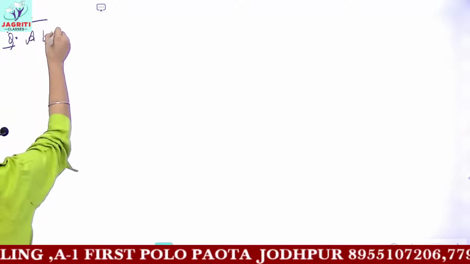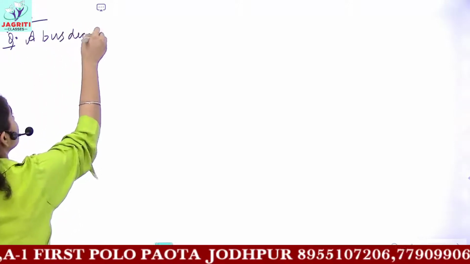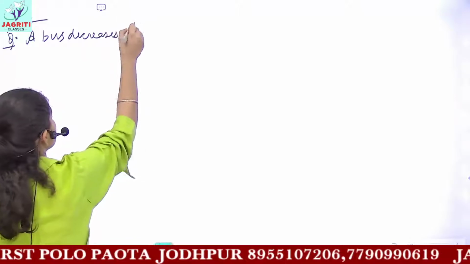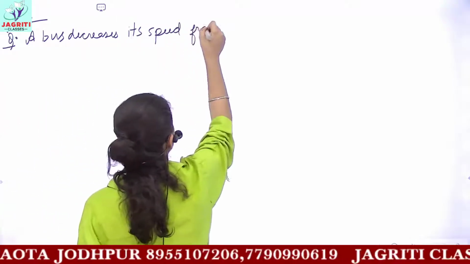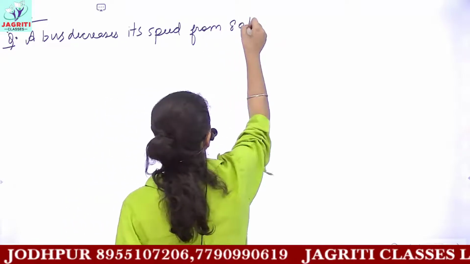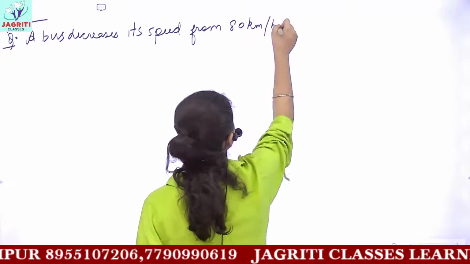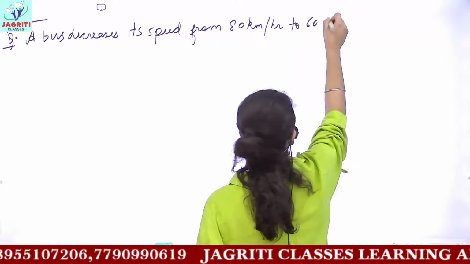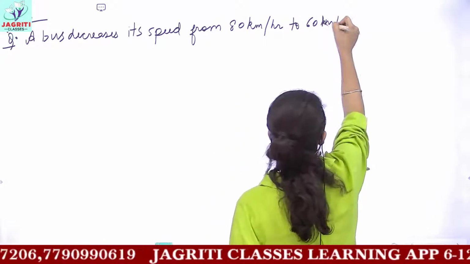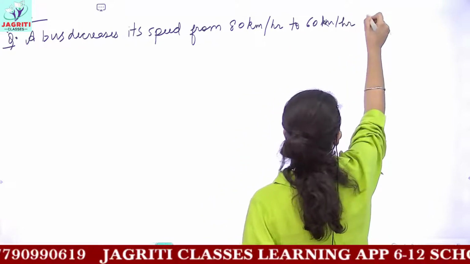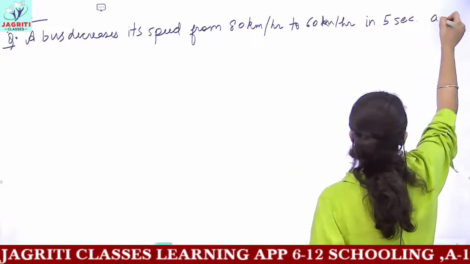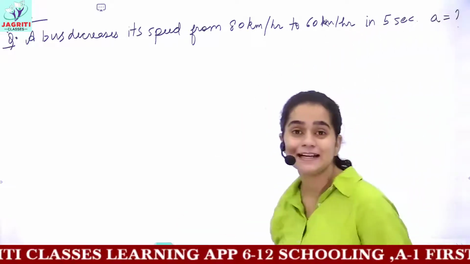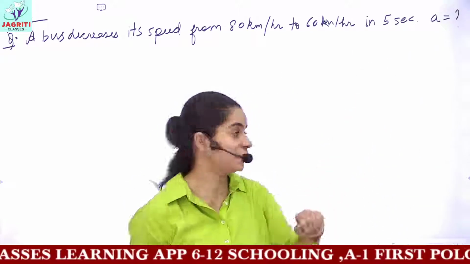It is given that a bus decreases its speed from 80 kilometers per hour to 60 kilometer per hour, and the time required is 5 seconds. And then it is written, you have to find the acceleration, that is small a I have written.